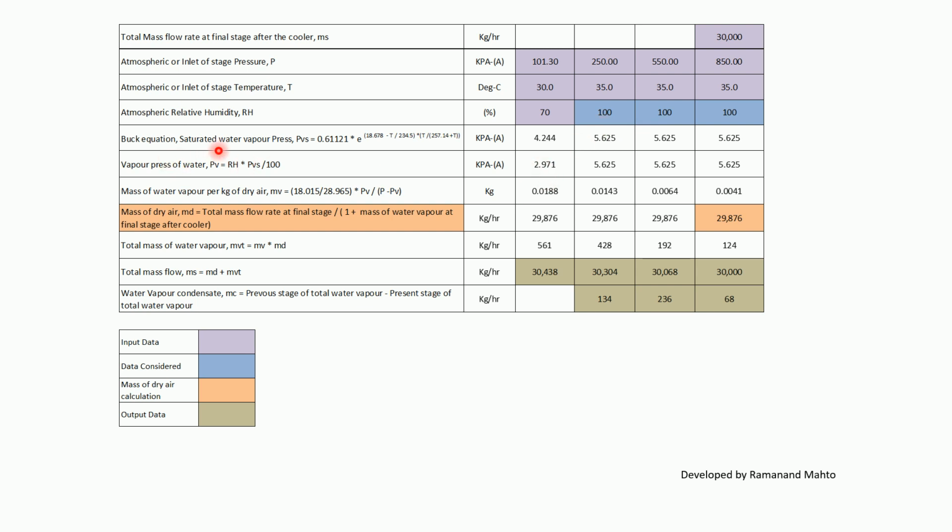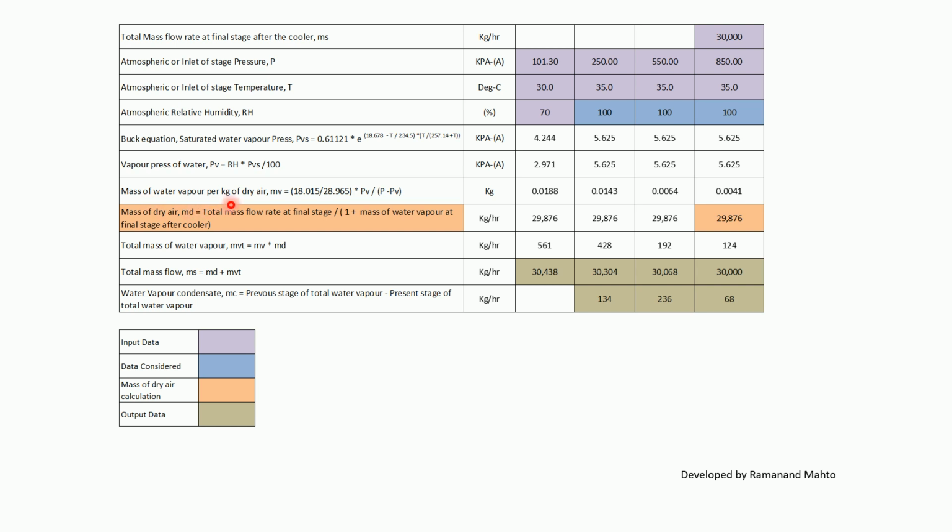Using the Buck equation, saturated water vapor pressure can be found based on temperature. So we have calculated in kilopascal absolute 4.244, 5.625, 5.625, 5.625. Vapor pressure of water, we can write PV is equal to RH into saturated pressure, which is 2.97 first, then 5.625, 5.625, 5.625.